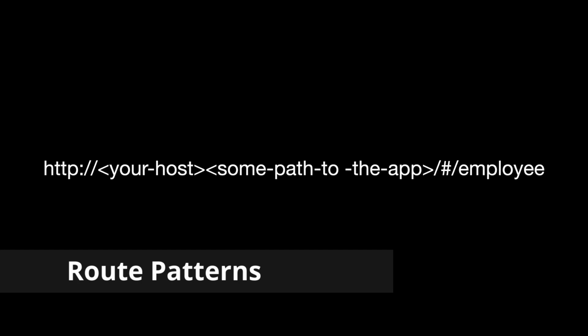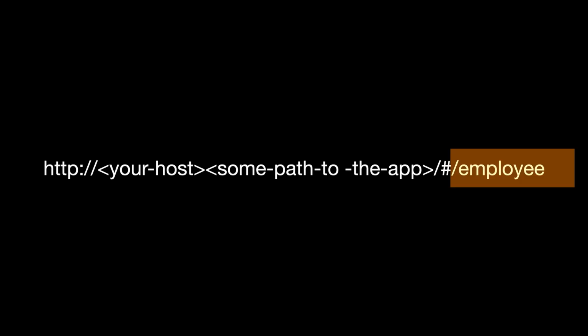In this example, any contents after the pound sign or the hashtag will be interpreted by SAPUI5 for patterns. In our example, you will find that there's an address called /employee.